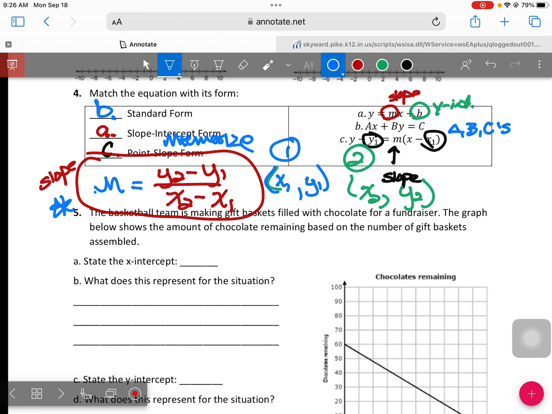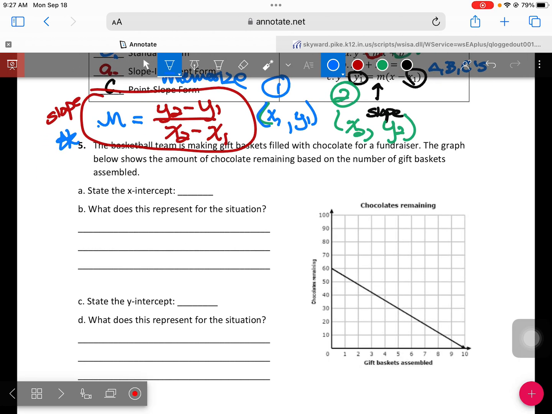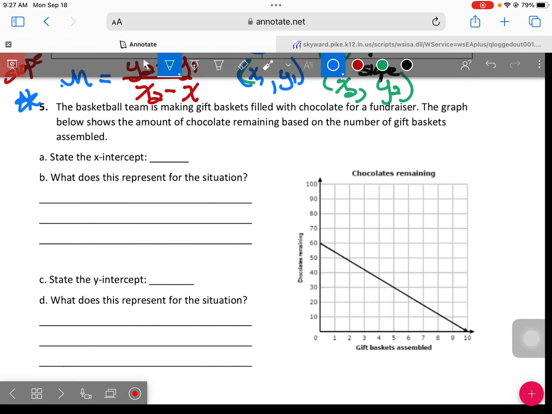Okay? So this is like a coordinate plane. This is your x-axis right here. This is your y-axis. All right? And this is what we call quadrant 1. Quadrant 1. Not that you need to know that. I'm just telling you.